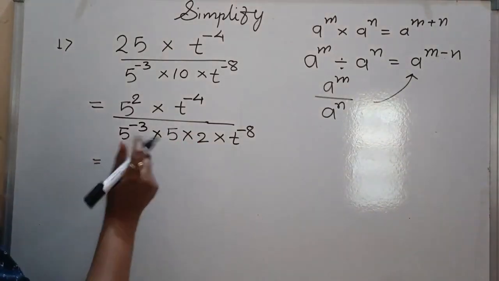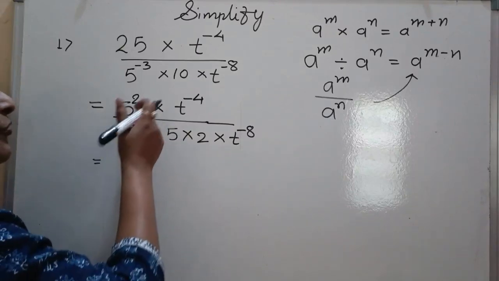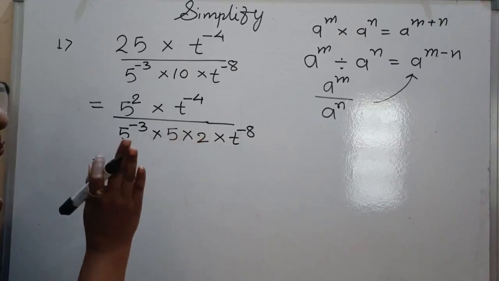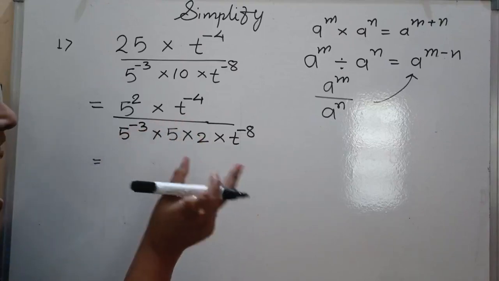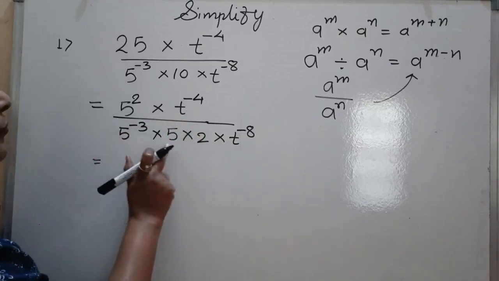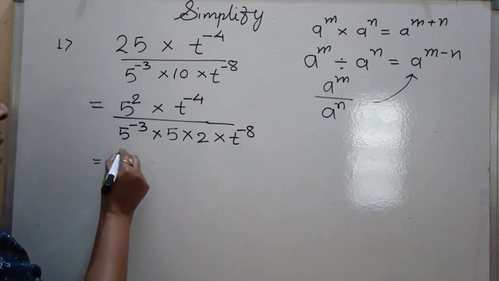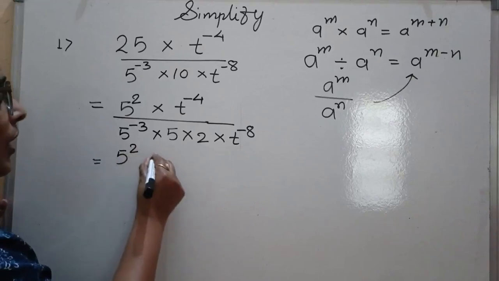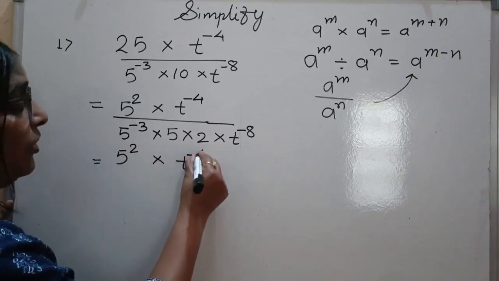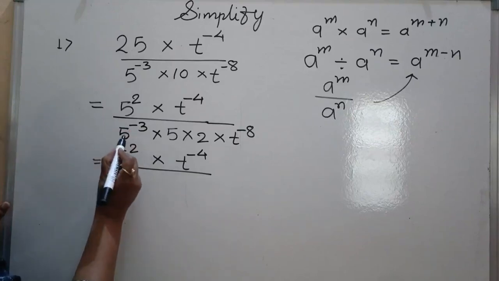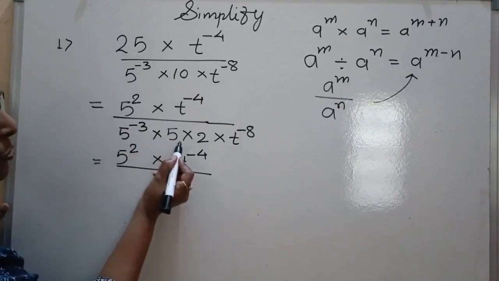Now next, here you can take this 5 raised to the power minus 3 in the numerator. But to help everybody understand, I am solving these two first. Okay, so let's start. 5 raised to 2 into t raised to minus 4, I am keeping as it is in this step. And next I am going to solve these two numbers.